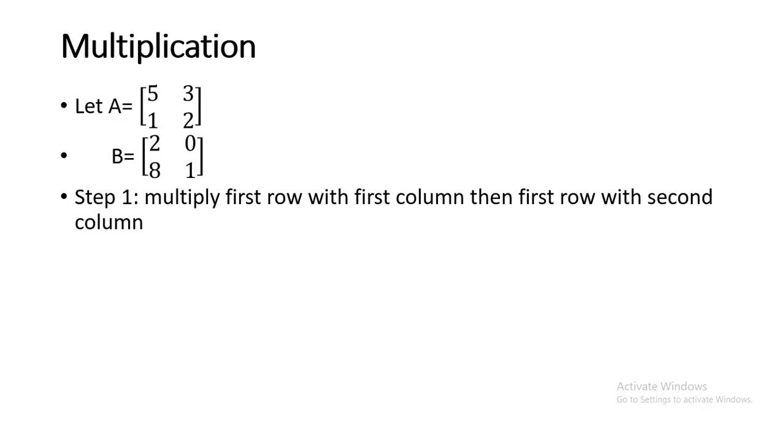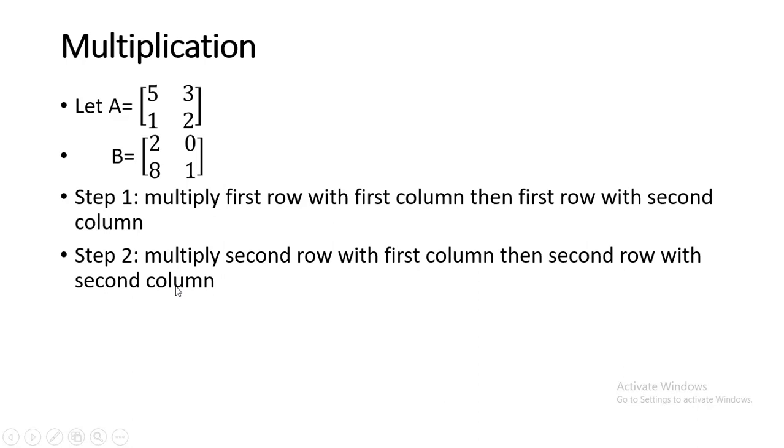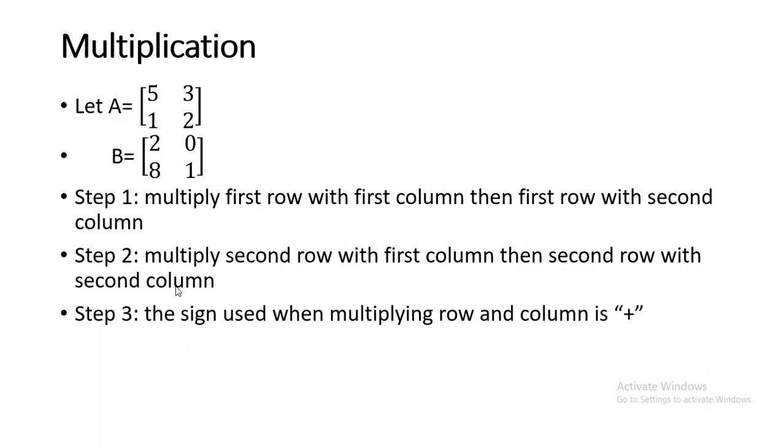The first step is to multiply the first row with the first column, then the first row with the second column. The second step is to multiply the second row with the first column, then the second row with the second column. The sign used when multiplying row and column is plus.